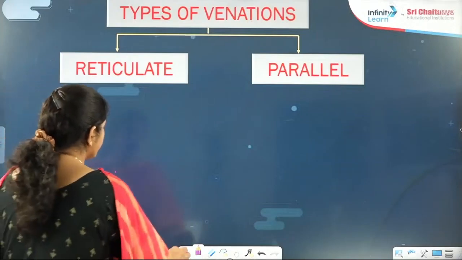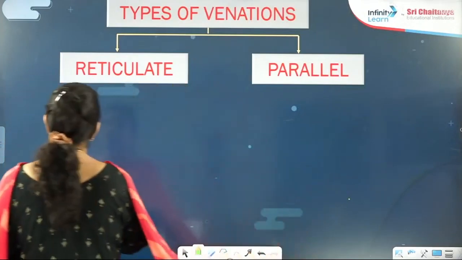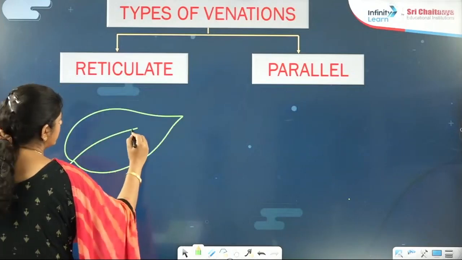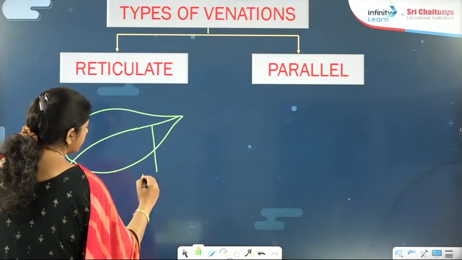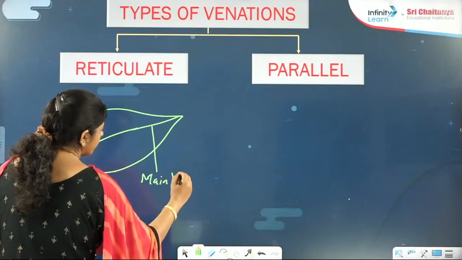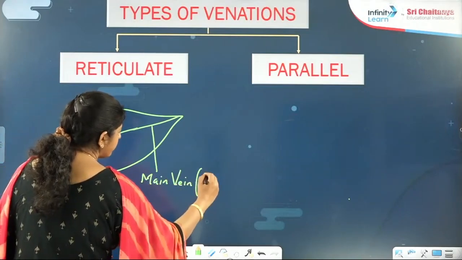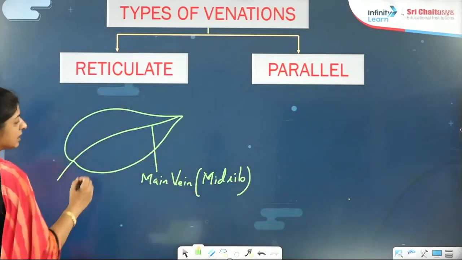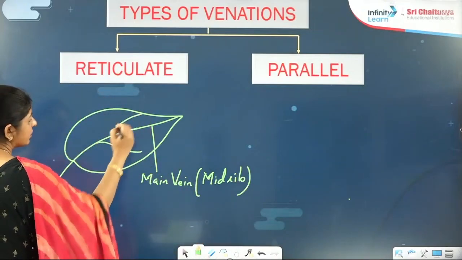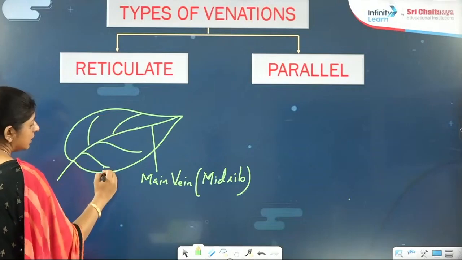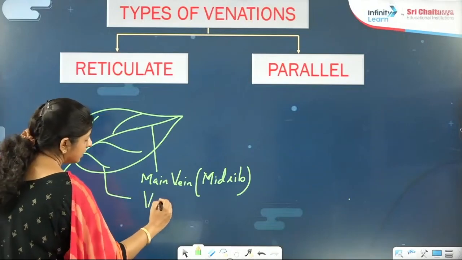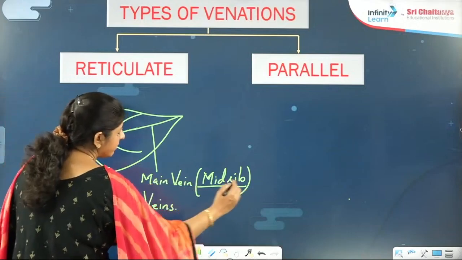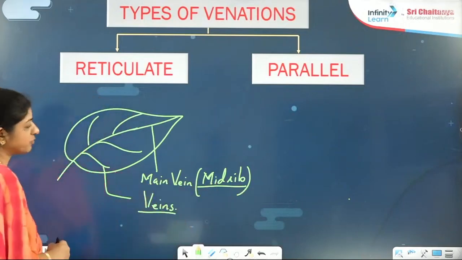What is reticulate venation? In reticulate venation, the lamina has the main vein in the middle. The main vein we call the midrib, right? Now this midrib is further divided into veins, right? But the main vein you call the midrib.